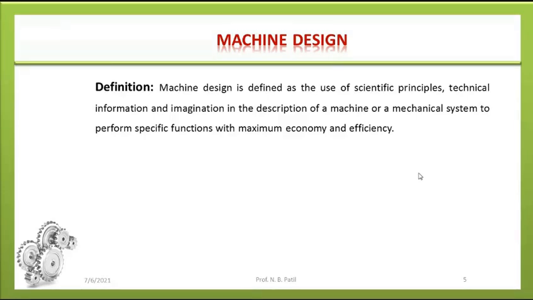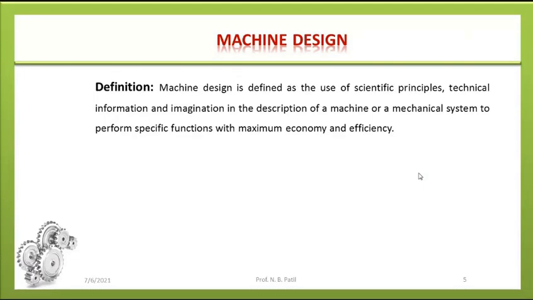In this particular subject, what are the prerequisites? Your strength of materials subject, then material science, then theory of machines. All those basic principles you have to use over here.